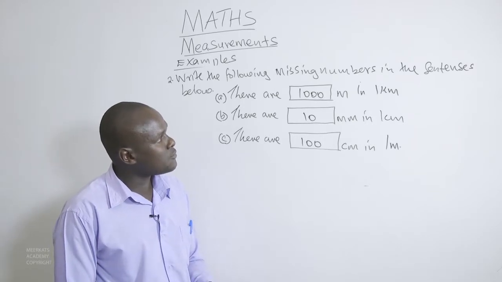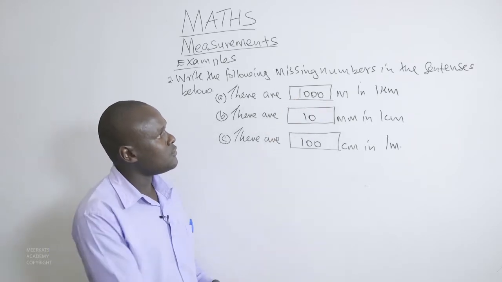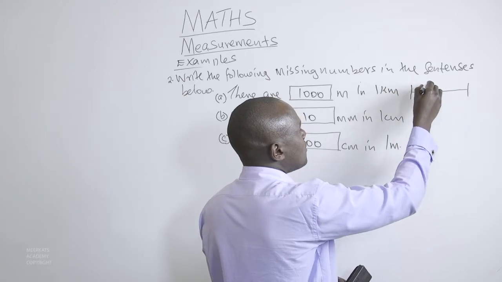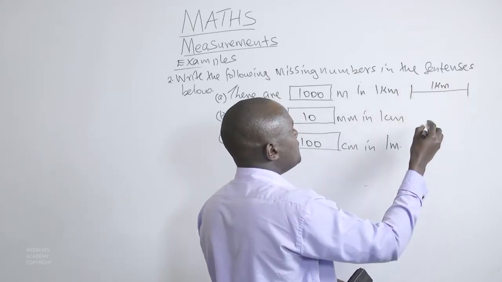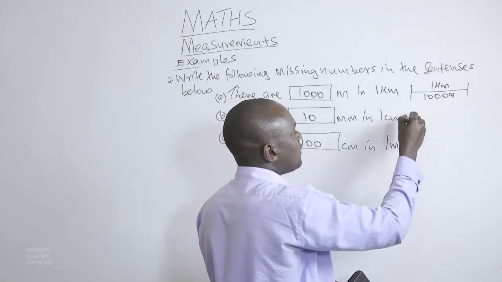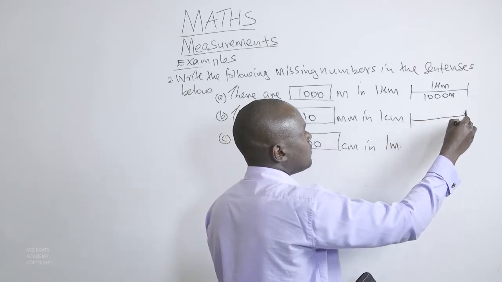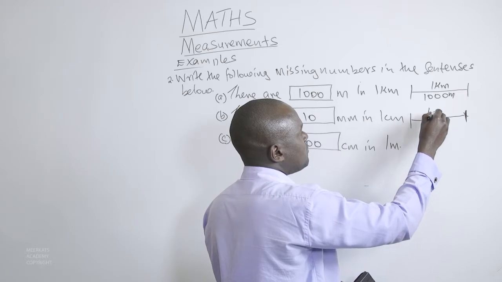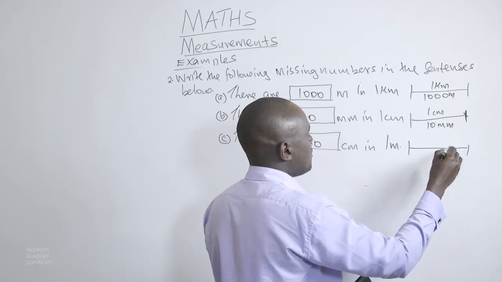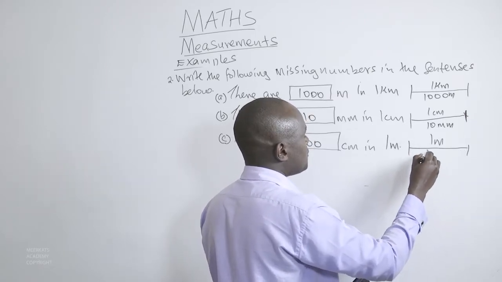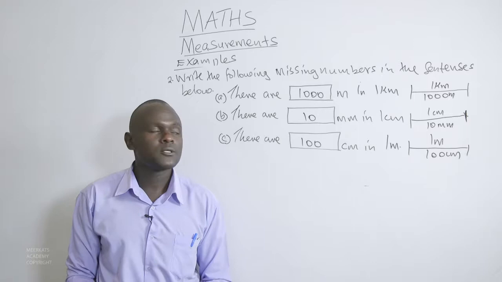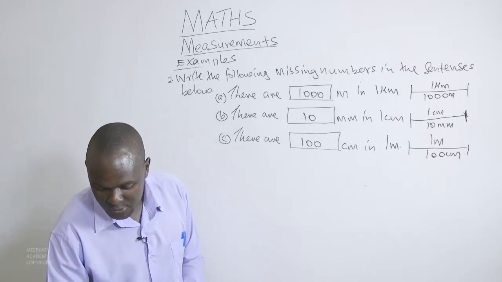And in fact, when you want to do that, you can have something like this. 1 kilometer is equivalent to 1,000 meters. And here we can have 1 centimeter being equivalent to 10 millimeters. And lastly, we can have 1 meter being equivalent to 100 centimeters. These diagrams can help you to understand the concept much better.